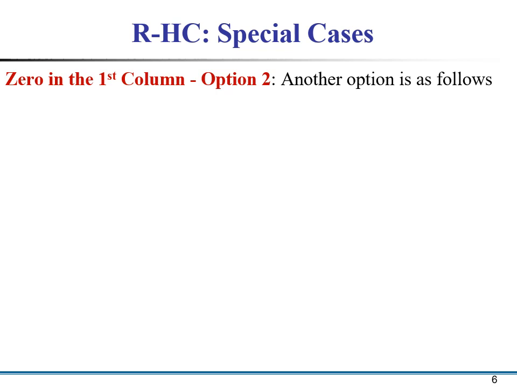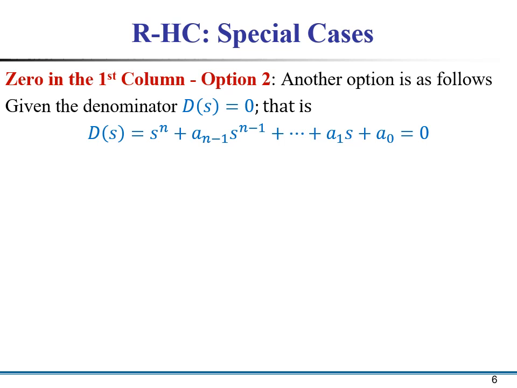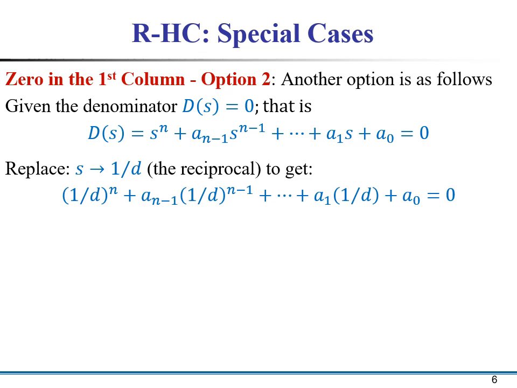There is another way to solve such types of problems. Suppose our polynomial initially is in this format. What we do is take s equal to 1 over d, and then the polynomial in s can be replaced by this.